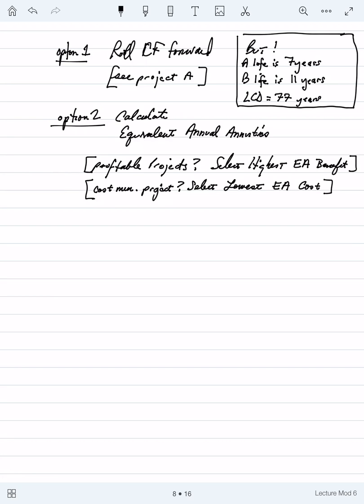Now, the best way to examine this is through a different example. My example needs a little bit of a setup. Let's say I've got two mutually exclusive machines and the revenues that flow are the same. The costs of the two machines are different, though.